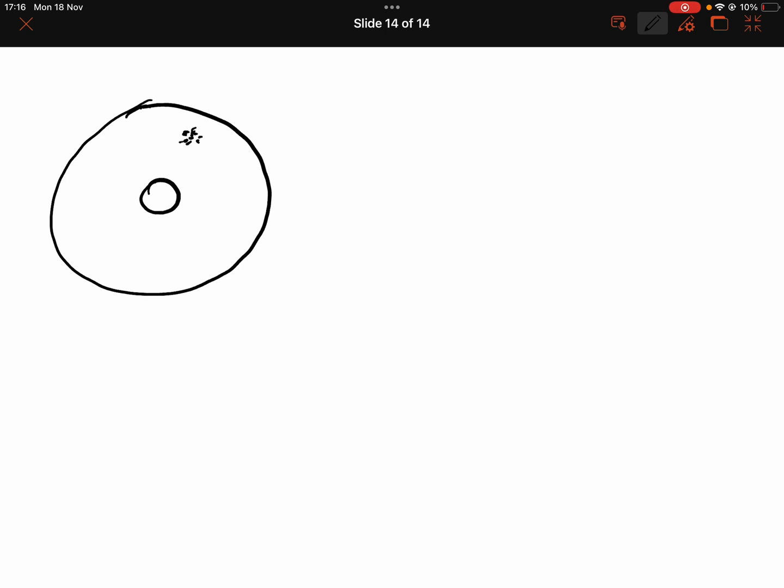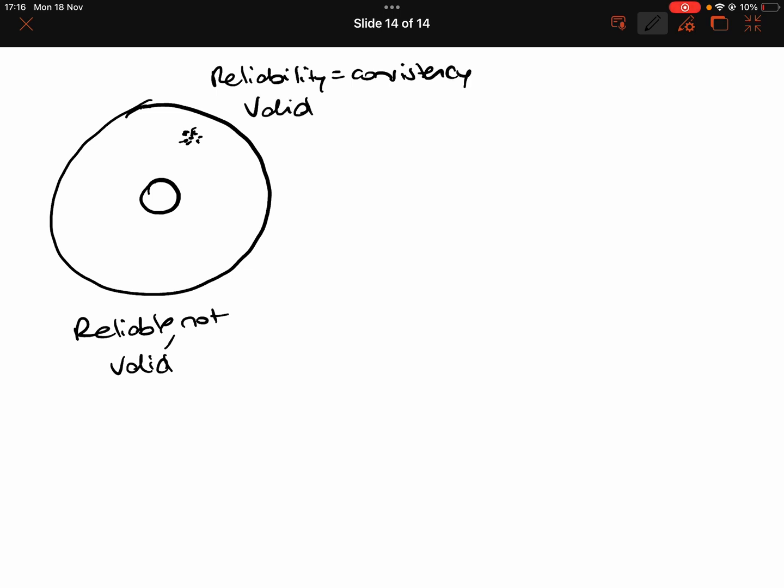If we take a target and a bullseye, a measure can be reliable but not valid. When we're talking about reliability, remember we're talking about consistency. When we're talking about validity, we're referring to accuracy.